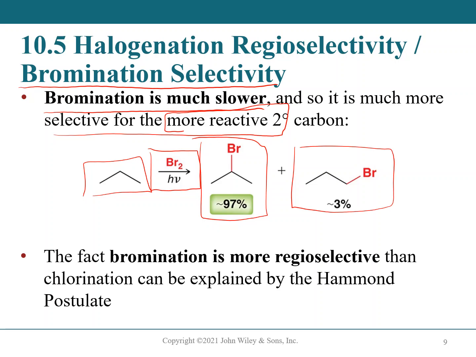So there's a much larger regioselectivity for the secondary over the primary when we compare it to chlorination. We can use the Hammond postulate to explain this. Let's go on to the next slide so we can discuss what the Hammond postulate is in a little more detail.